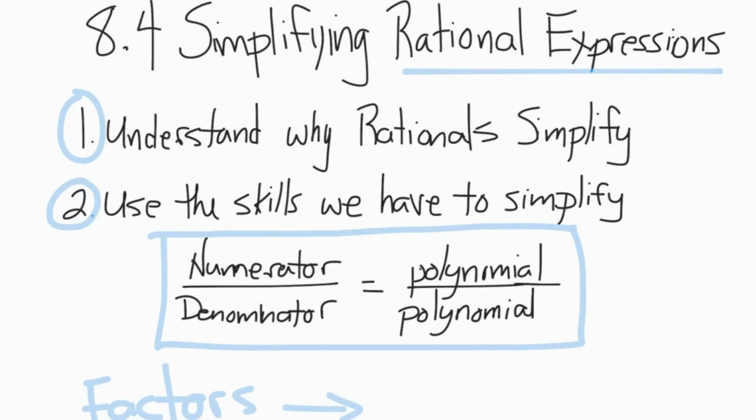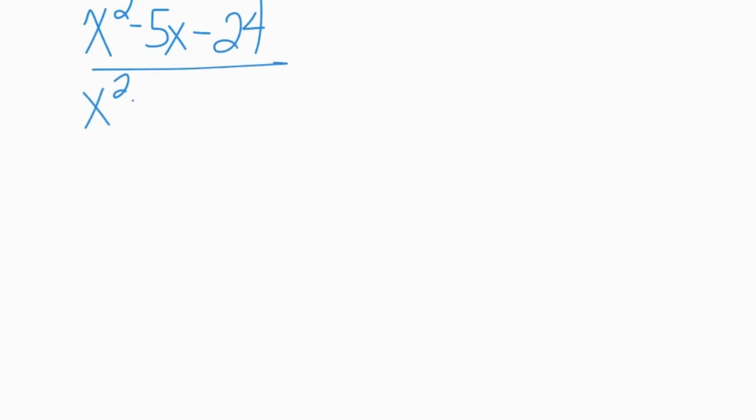Okay. So when I talk about a rational expression, I'm going to show you one. That would be like if I have x squared minus 5x minus 24 over x squared minus 7x minus 30. Alright, so this is a rational expression, meaning that the numerator and the denominator are both different types of polynomials.